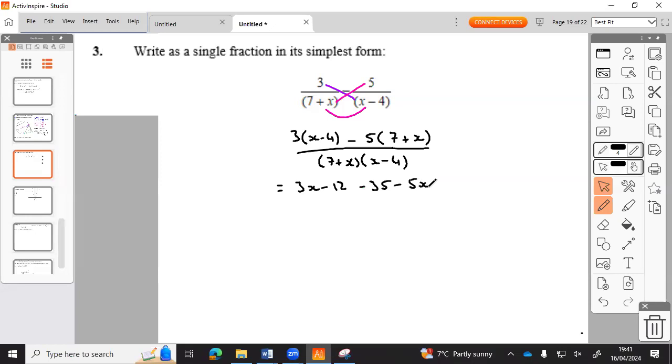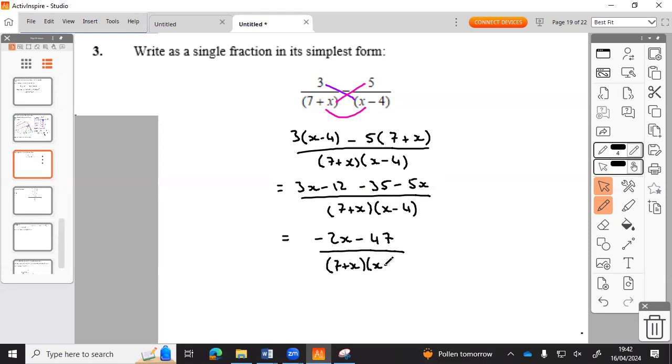The bottom stays the same. You won't be simplifying any further than that. That's in its most simple form. That top line goes to minus 47, minus 2x, so minus 2x minus 47. And that is the final answer.